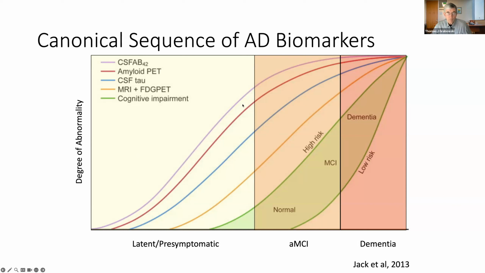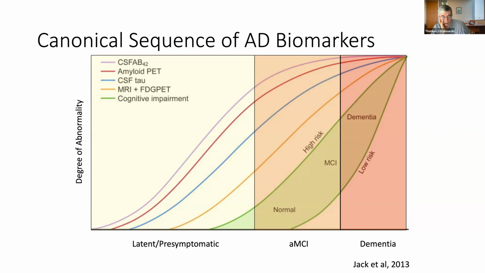The markers which take off first are measures of amyloid accumulation, and tau is close on the heels of amyloid changes. MRI and FDG PET, which indicate degeneration, are showing up somewhat later, and cognitive impairment still later.